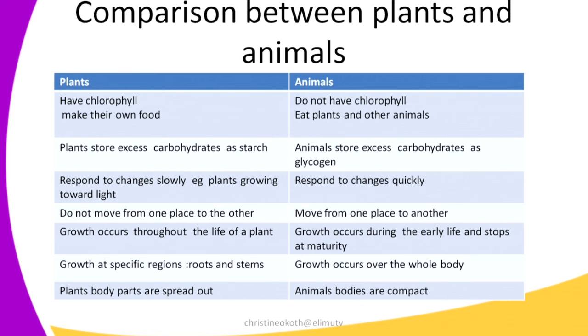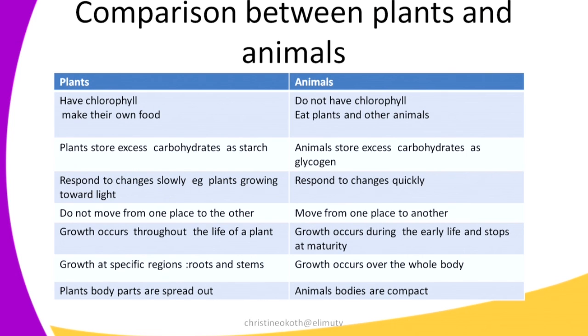Then the fourth difference is that plants do not move from one place to the other, which is different from animals who are in a position to move from one place to the other. Another difference between plants and animals is that growth occurs throughout the life of a plant, while in animals, growth occurs during the early life and stops at maturity.